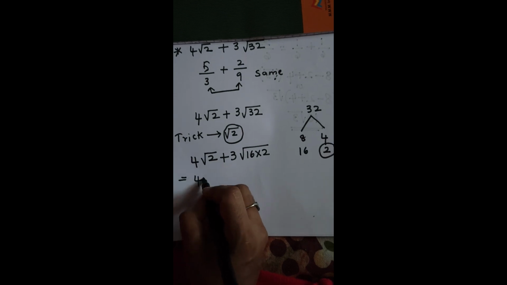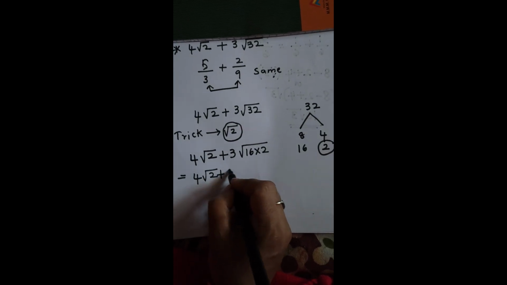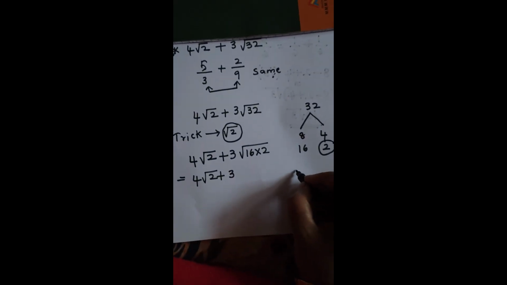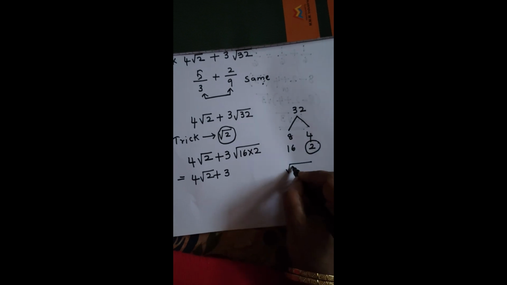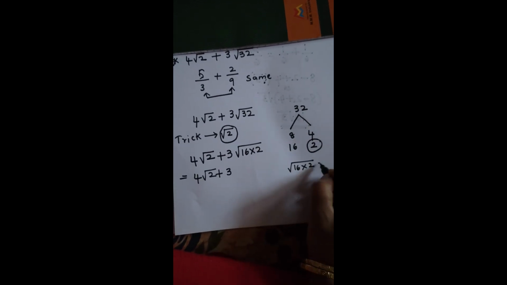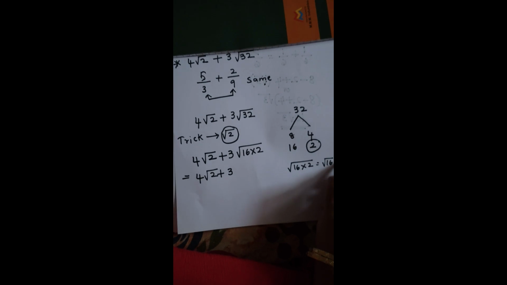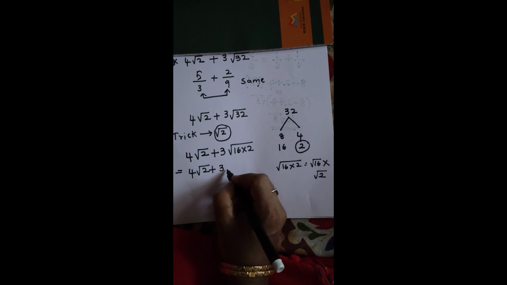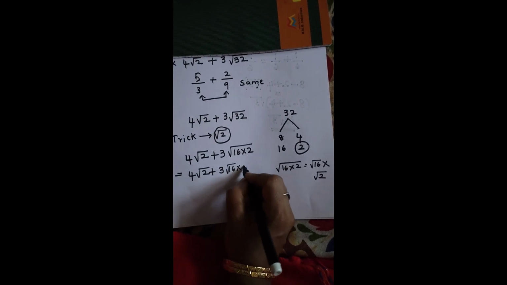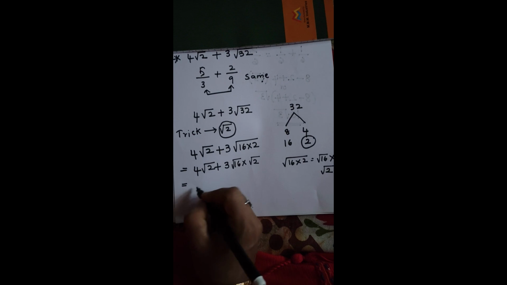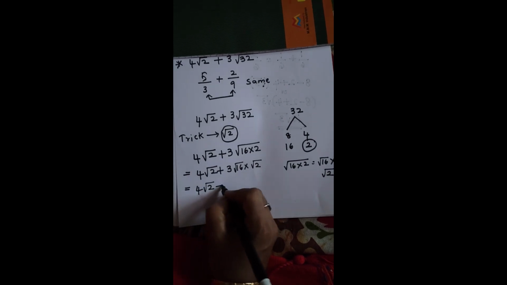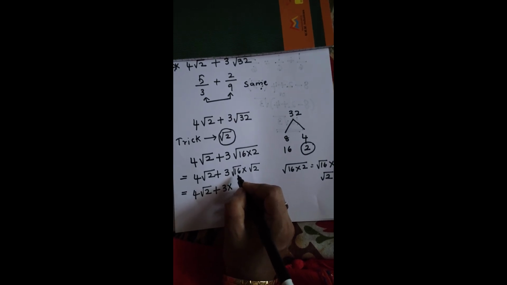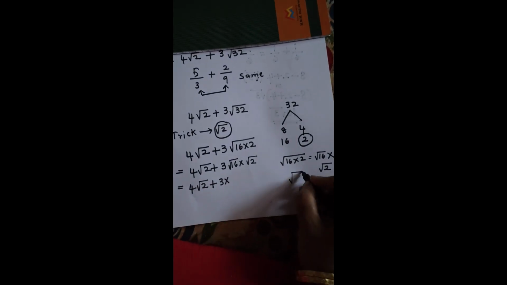Next, 4 root 2 plus 3. First I'll just split it. You can write root 16 into 2 as root 16 into root 2. Both are same. Root 16 is nothing but the square root of 16.